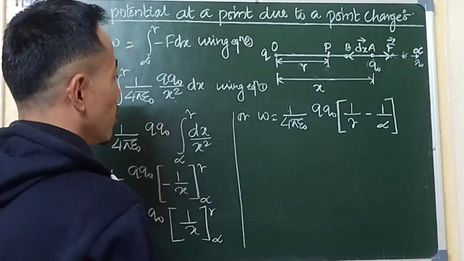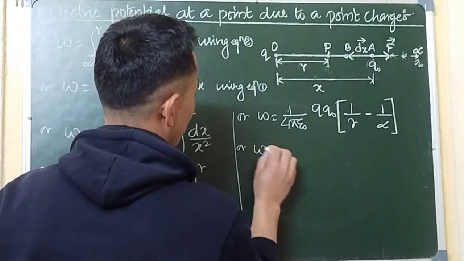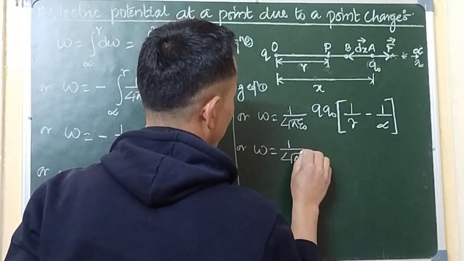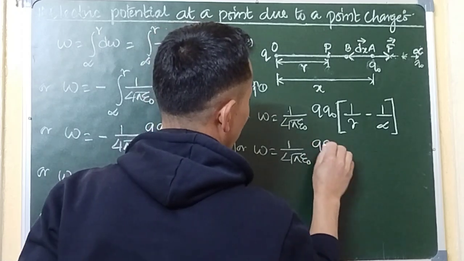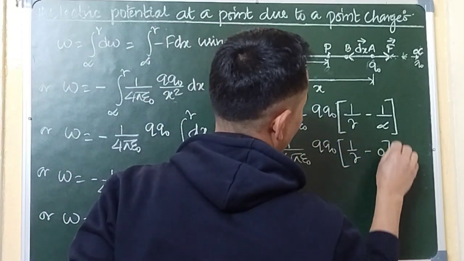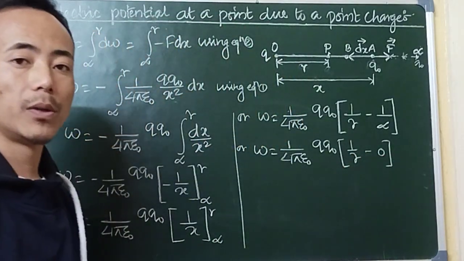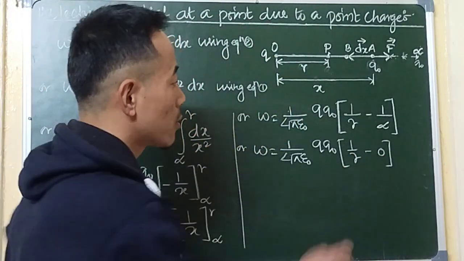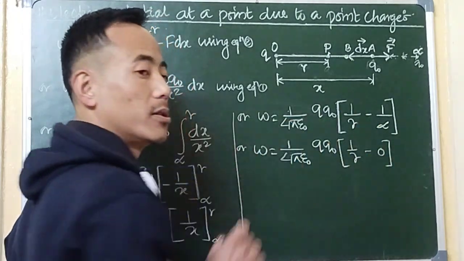Alright. So now here, if you see, we have two terms, 1 by r minus 1 by infinity. And here, 1 by infinity, you can take it as nearly equal to 0. 1 divided by a large number is nearly equal to 0. So this 1 by infinity, we can take it as 0 here.